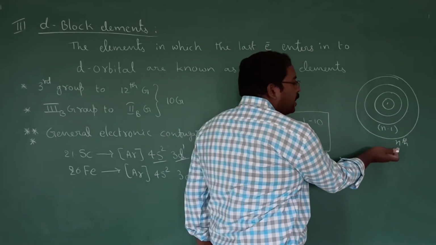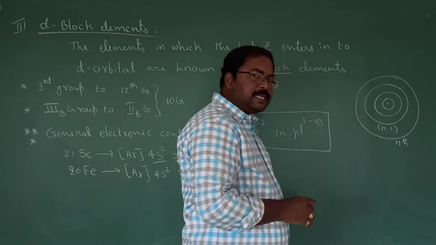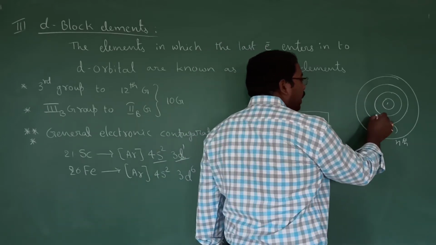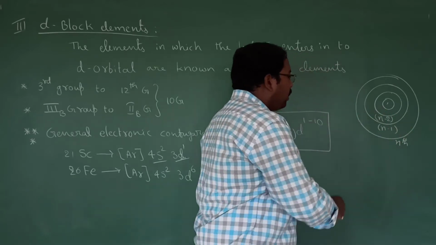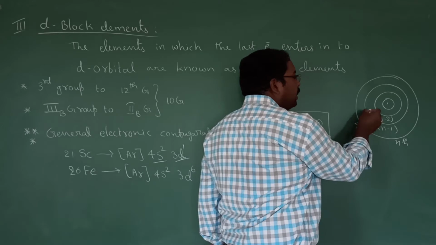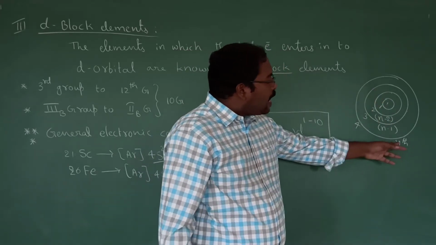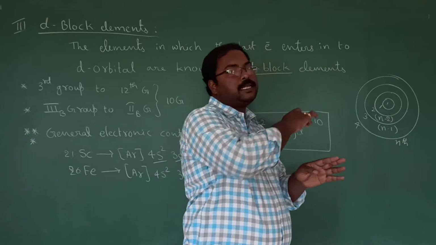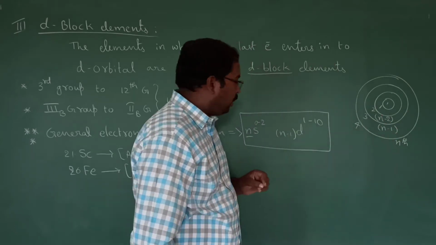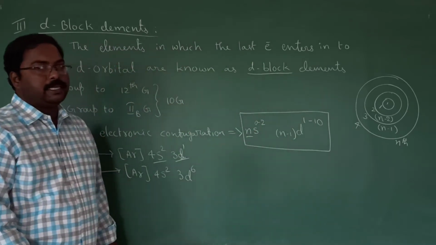So the second orbit from the last is known as the n minus 1th orbit. Even if you go inside, n minus 2. Correct or not? This is the 4th orbit, this is 3rd, this is 2nd, this is 1st. So the last orbit is known as the nth orbit, and before that is known as n minus 1. So that is why the electronic configuration is given like this.